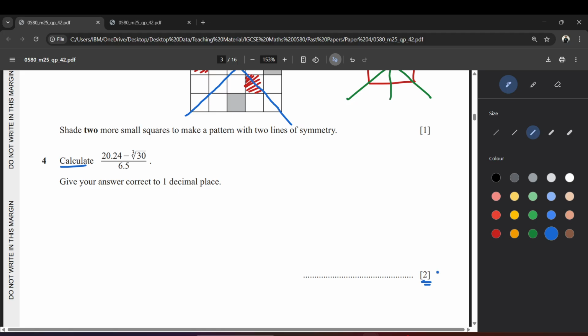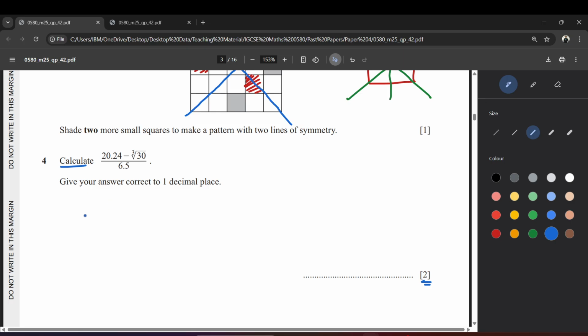Now the trick here is you're supposed to give your answer in a greater degree of accuracy than one decimal place, and then show that okay, this is what we got. Now if I round this answer to one decimal place, then that's what I'm going to get. So first of all, let us work out the value of this. So we have 20.24 minus cube root of 30 divided by 6.5.